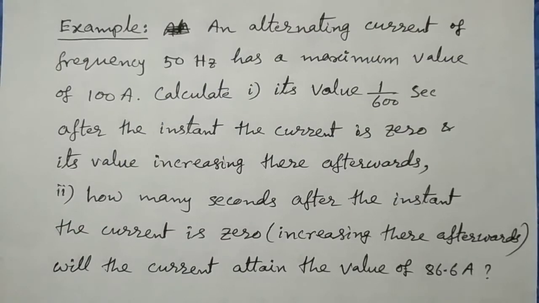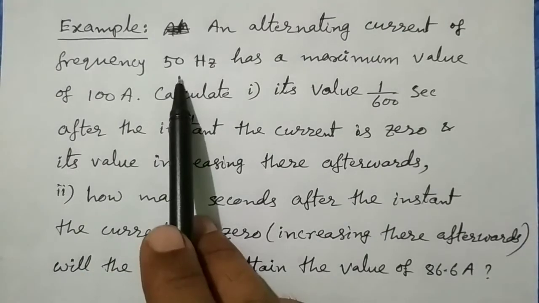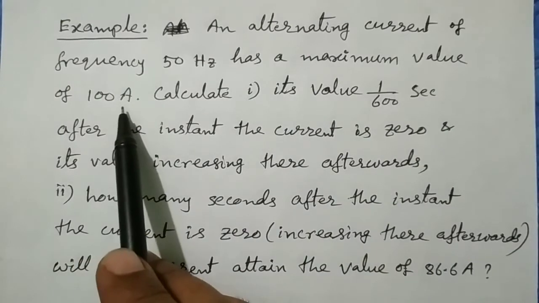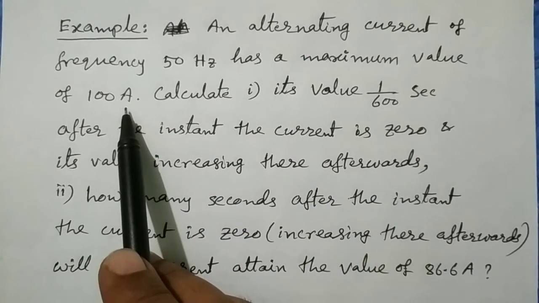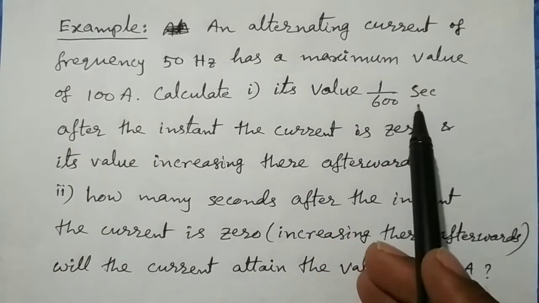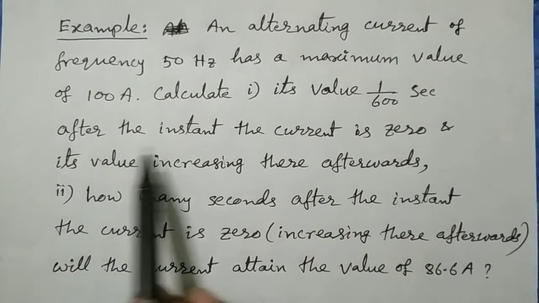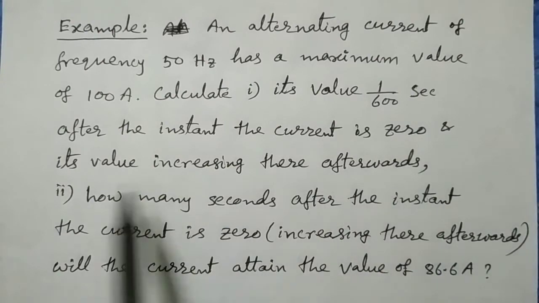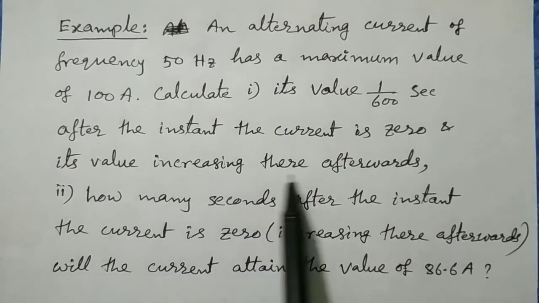Before I proceed further, let's have an example. Here the question is, an alternating current of frequency 50 Hz has a maximum value of 100 ampere. Calculate its value 1 upon 600 second after the instant the current is 0 and its value is increasing thereafter.